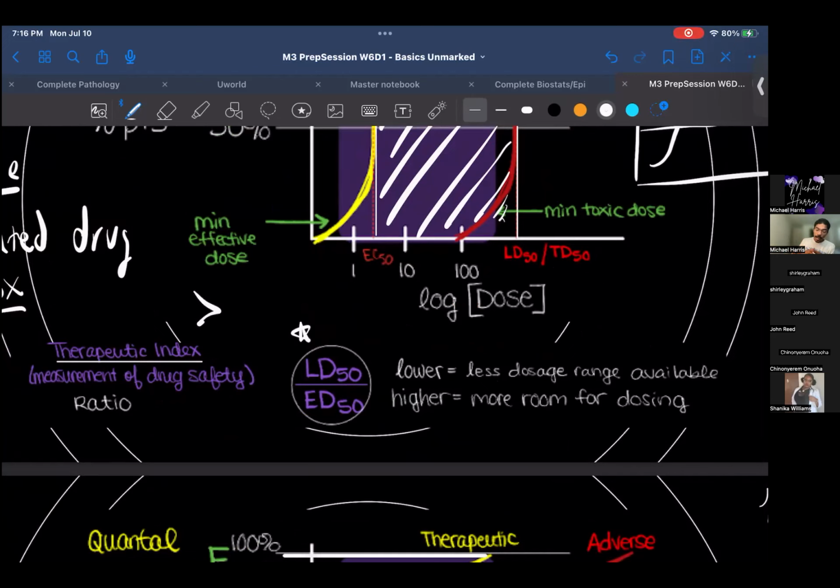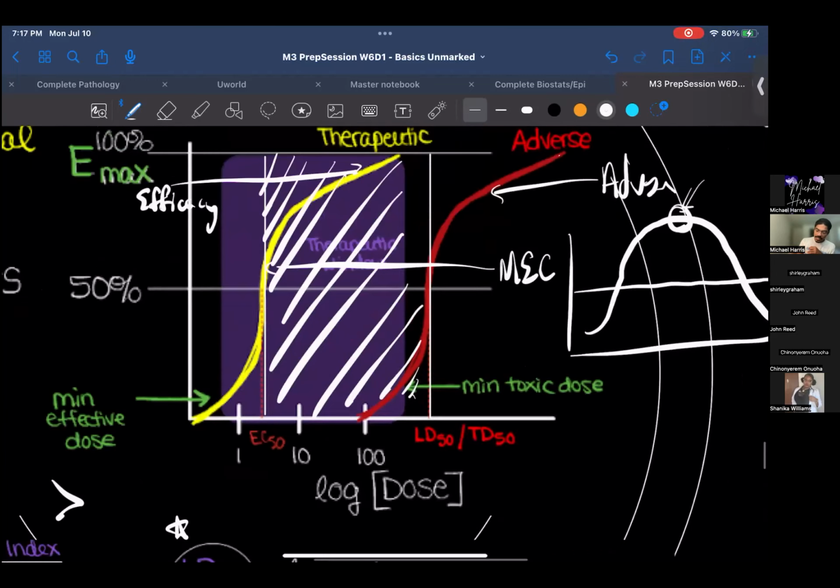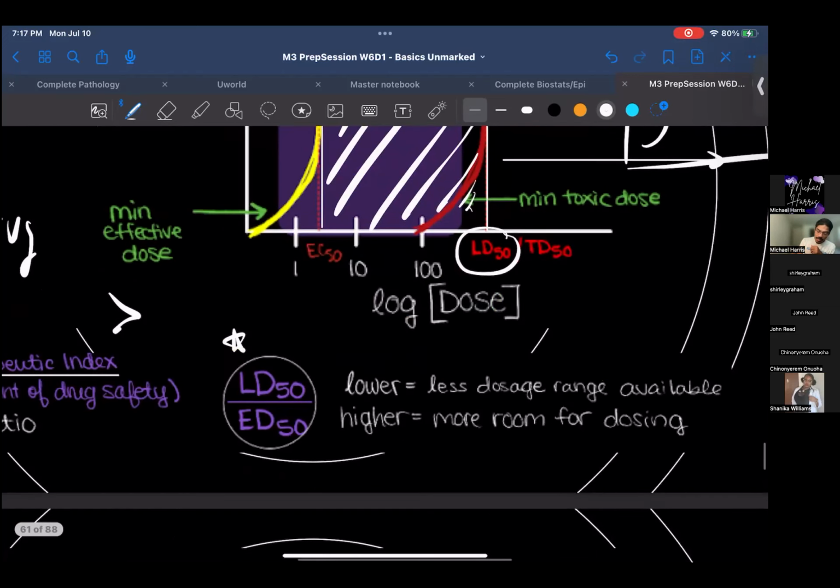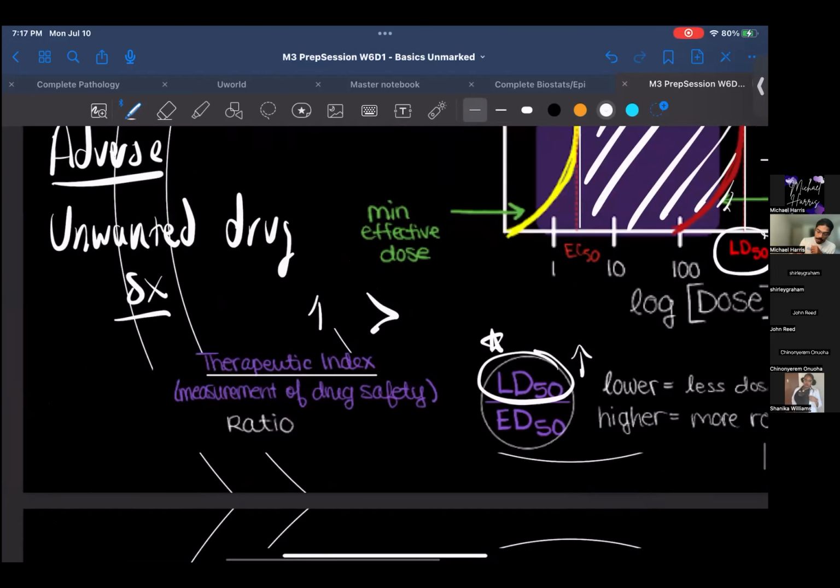Yes, more room for error. Why that is, because this lethal dose is moved far to the right. Because this number has to go up for you to have a higher therapeutic index. Does that make sense?